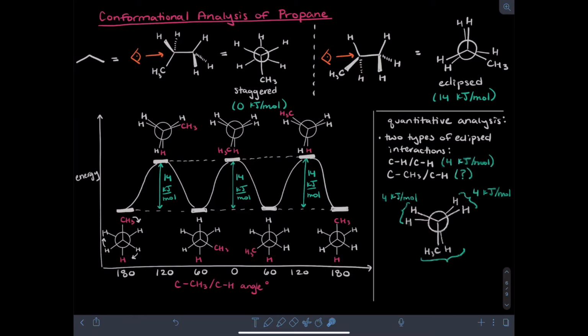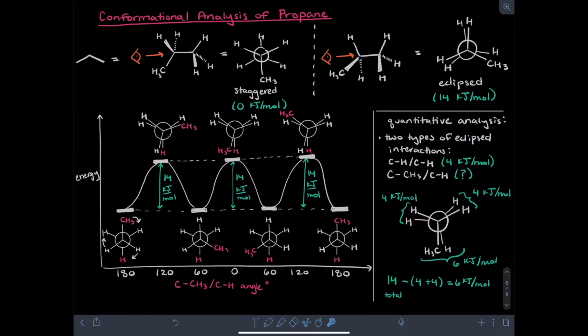I know from my conformational analysis of ethane that having a hydrogen eclipsing another hydrogen has an energy cost of 4 kilojoules per mole. And I have 2 of these types of interactions in my molecule. I don't yet know what is the energetic cost of having a CH3 group eclipsing a hydrogen.